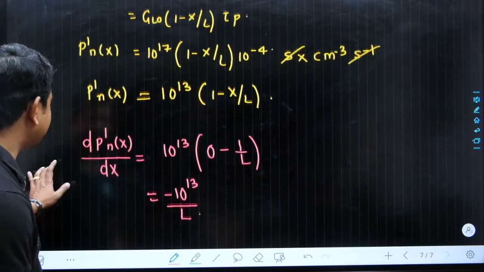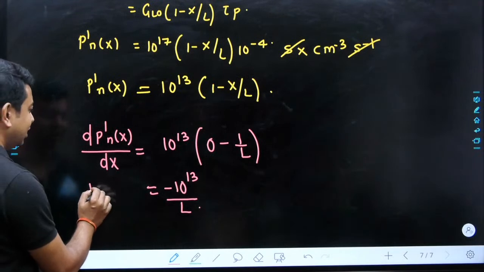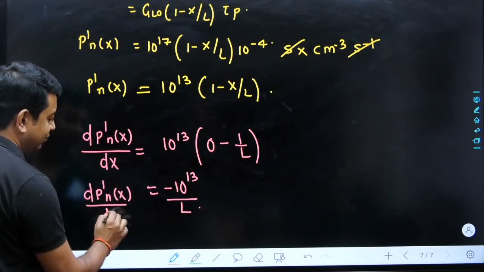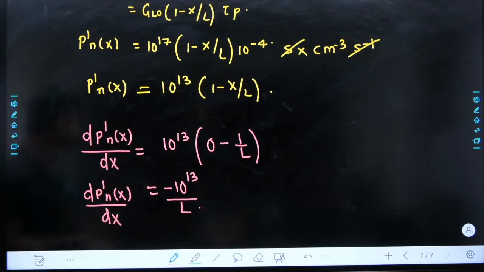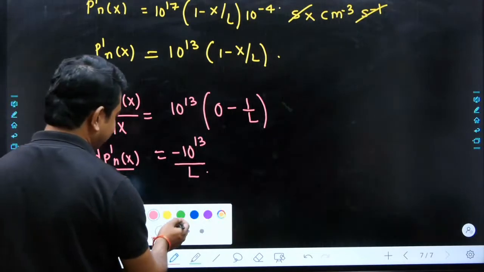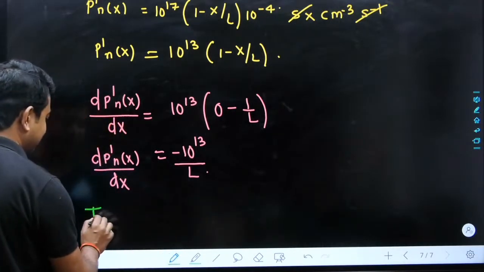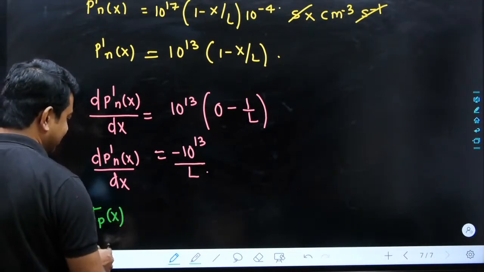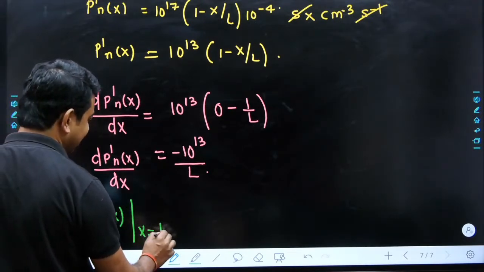This is given by dp'n(x)/dx, and we know what L is. L is nothing but the length of the semiconductor which has been placed as a sample to do these following things. So we know dp'n(x)/dx, then we can find out Jp(x), the diffusion current density at x = L/2.